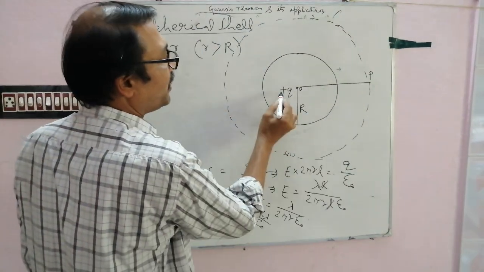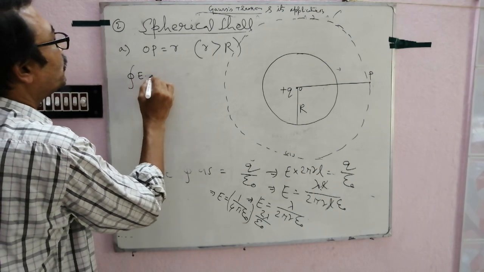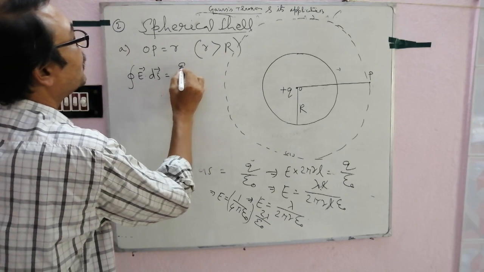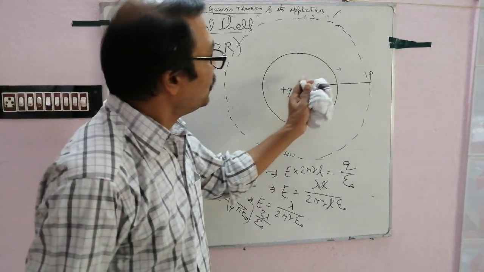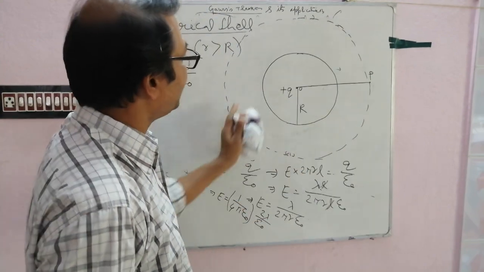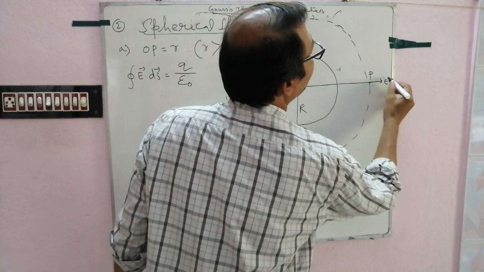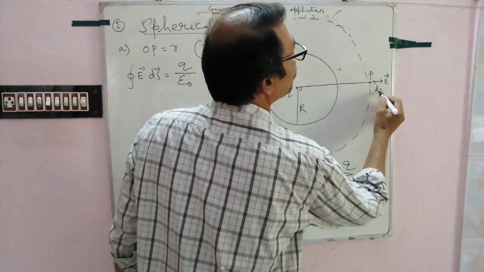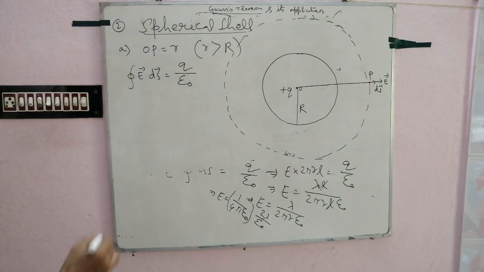Inside the Gaussian surface, total charge plus Q. So, the integral of E dot ds equals total charge Q by epsilon naught in vacuum. The direction of E is in this way, and here the surface element ds is also in the same direction. So E dot ds equals E ds.